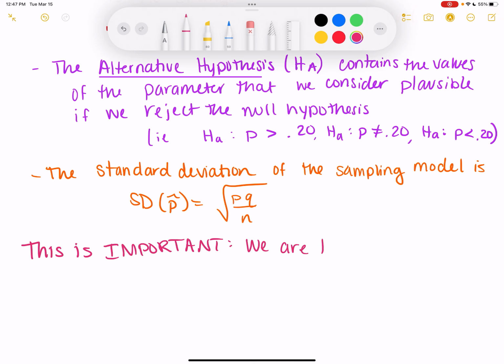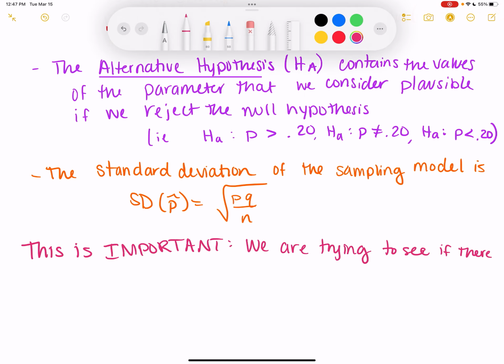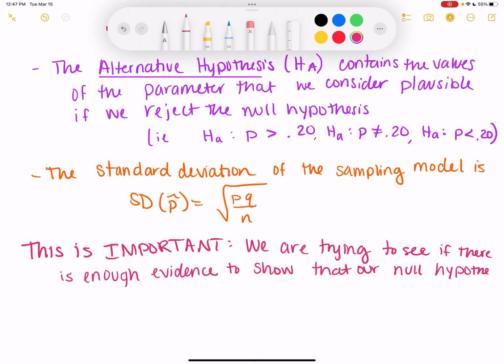We are trying to see if there is enough evidence to show that our null hypothesis is false.